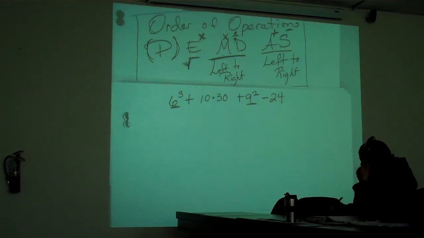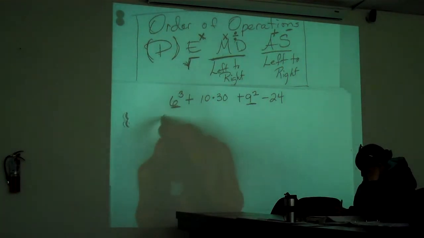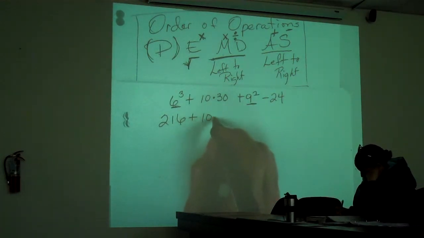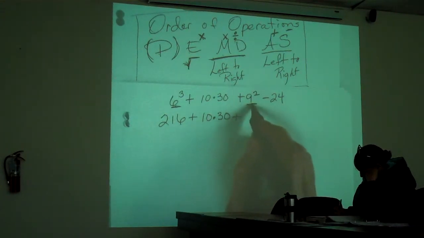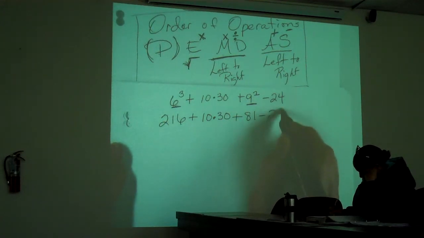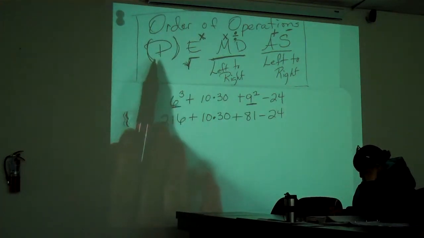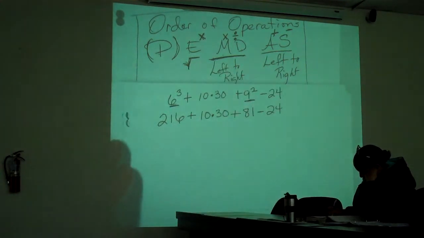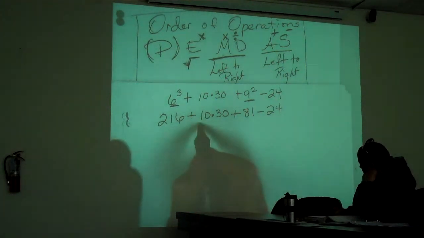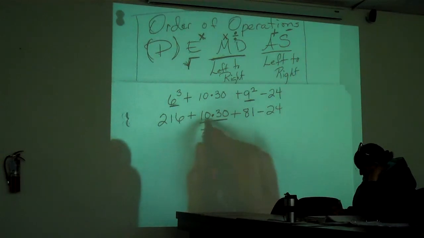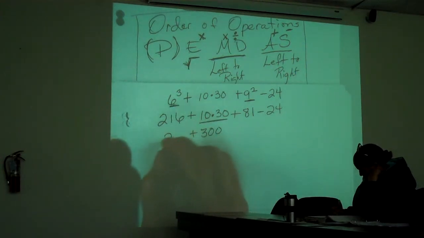6 times 6 times 6 is 216. And then let's rewrite this part till we get to the next one. Plus 10 times 30 plus 9 squared, which is 9 times 9, 81, minus 24. Okay, there's no parentheses and no exponents left. Now we multiply and divide. There's only one of those: 10 times 30, you put 30 with another 0, so it's 300.